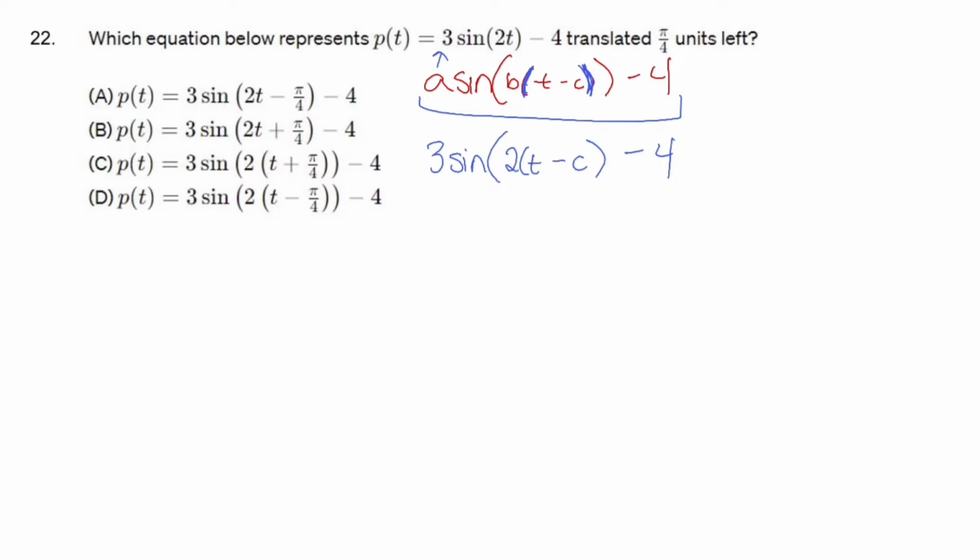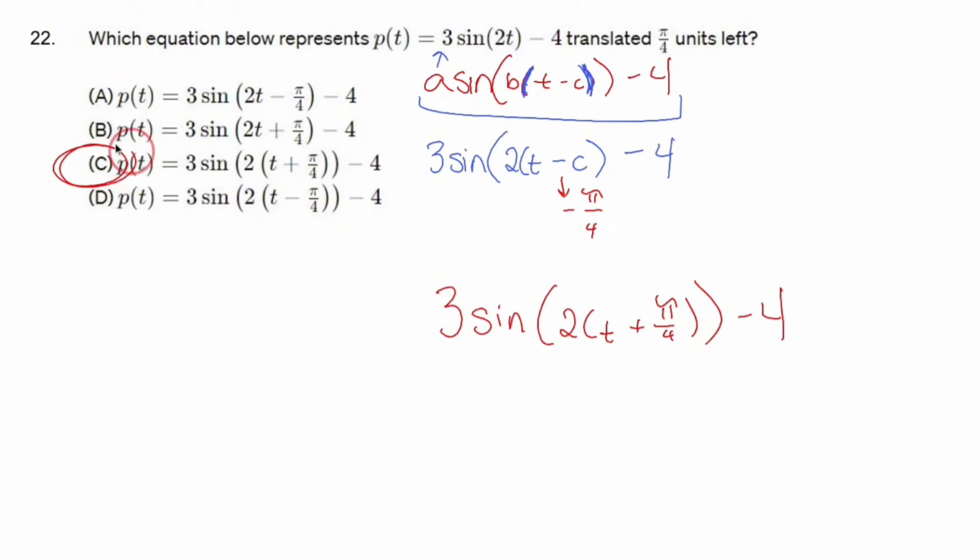So if I'm translating left, that means c is negative pi over 4. So if c is negative pi over 4, we have 3 sine parentheses 2t plus pi over 4, close it, minus 4.